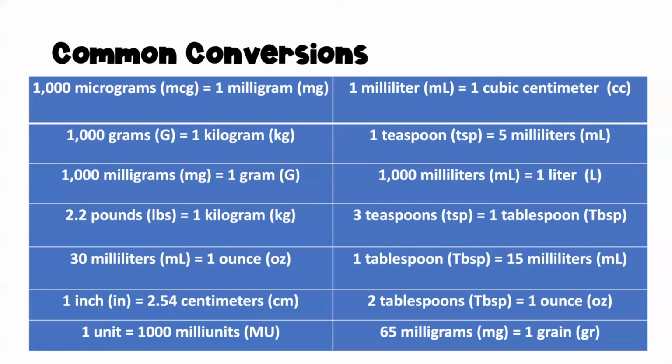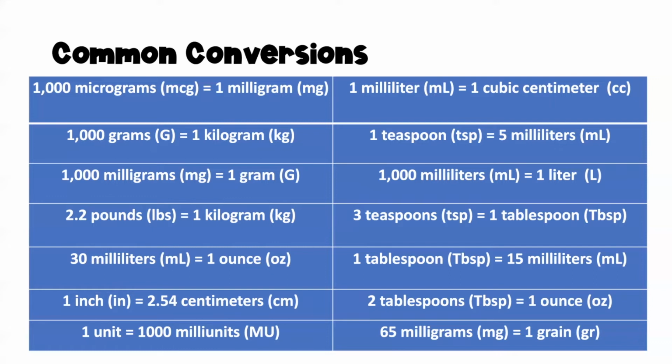Units to milliunits, again, very common in OB, not so much for many other medications. Milliliters to cubic centimeters is not something that you will see in a testing environment, but I do like to explain it because you will work with older providers who still write CC. Well, CC is the same as milliliter.